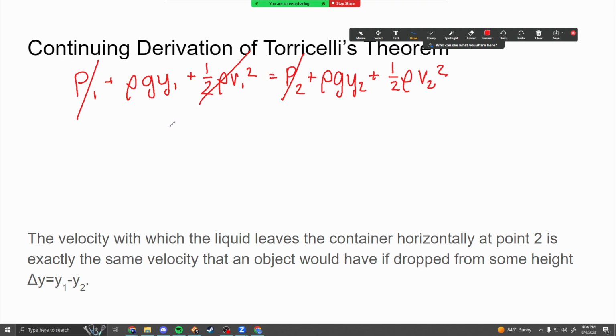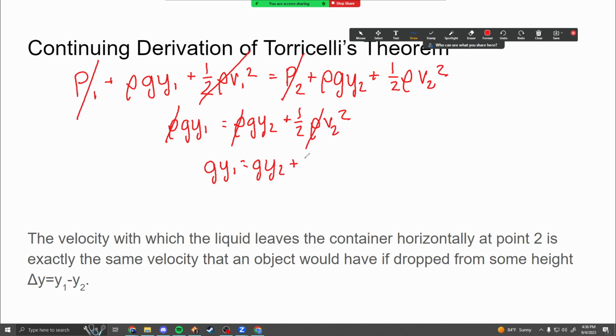So we're left here then with rho g y1 is equal to rho g y2 plus 1/2 rho v2 squared. Now, of course, once again, we are assuming an incompressible fluid, so density is going to be the same. So we're left with g y1 equals g y2 plus 1/2 v squared.